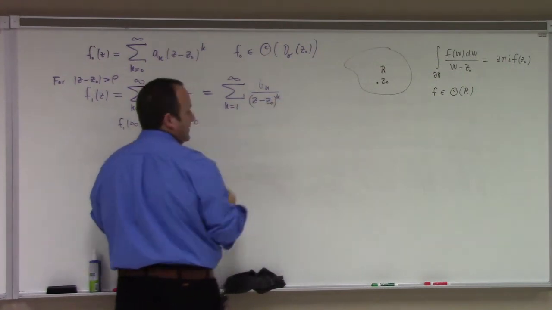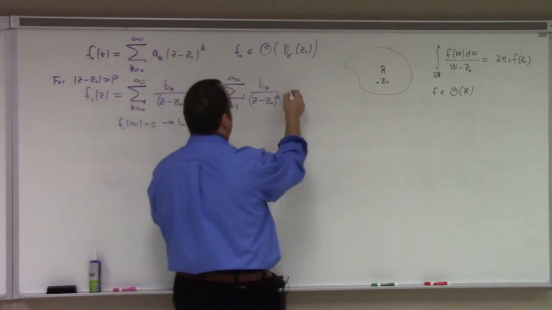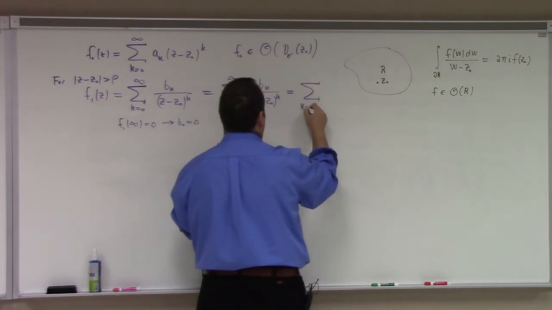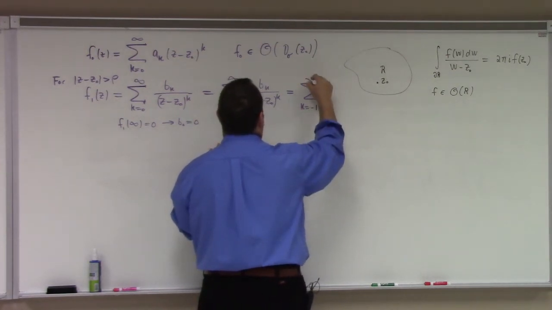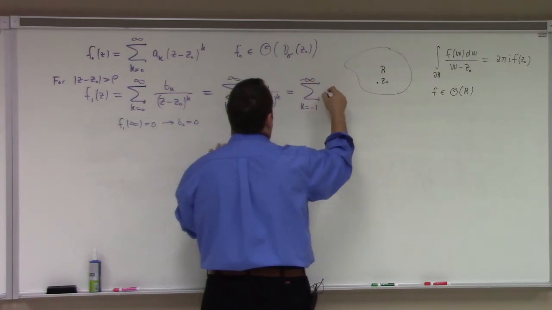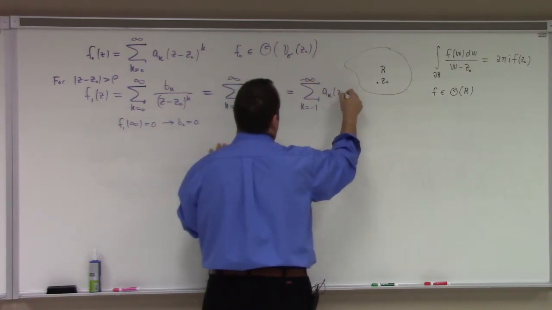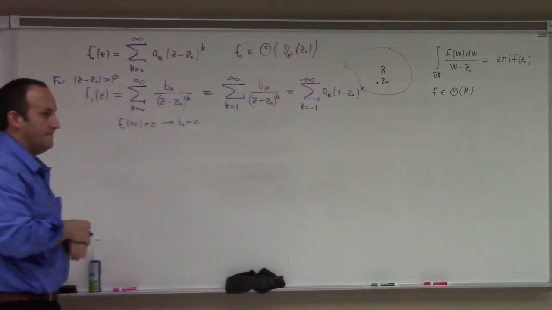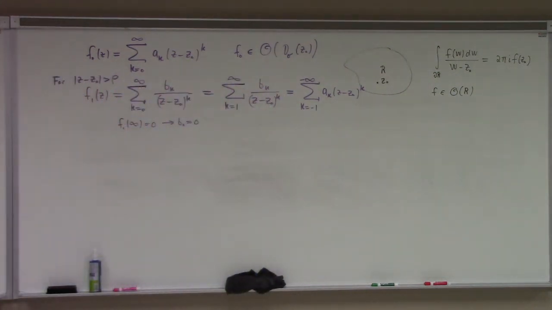Or, just to make things more symmetrical, we could write that as the sum k equals minus 1 to minus infinity of a sub k times z minus z naught to the k, because you're just going from the minus 1 power to minus infinity, and we have not given a meaning to a with negative coefficients yet.